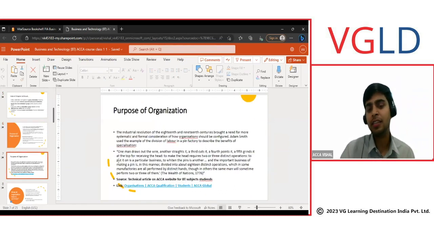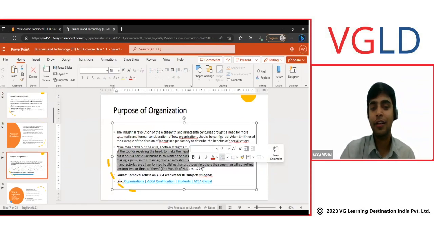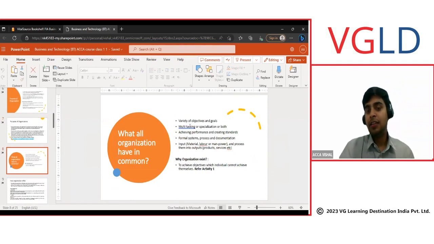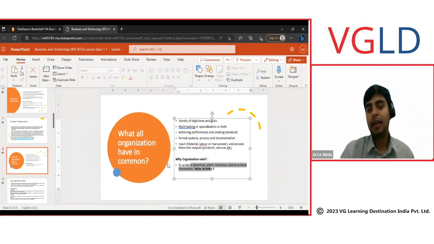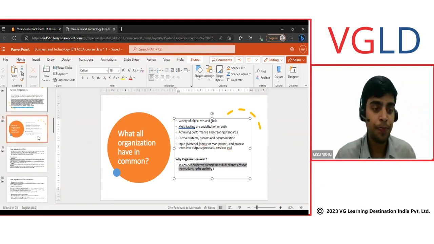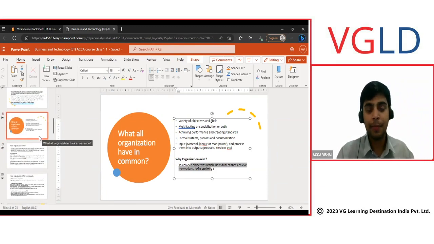Purpose of organization, the example that I was trying to give you earlier. Sorry about this. And what are all the organization types? We just discussed the pointers that we had, and then refer to the activity one. We were just covering what there is in the book and some additional content that I spoke to you about. So I'll be sharing this PPT with you.